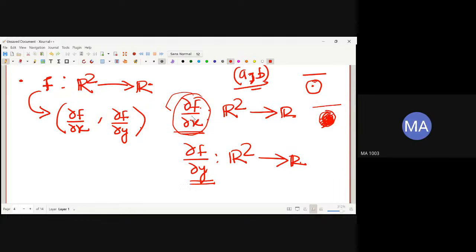First you have to compute this, then check. When you take the partial derivative, f is a map and you get a new map, a new function, and this function should be continuous around this point (a, b). Then after that you can apply the gradient rule.